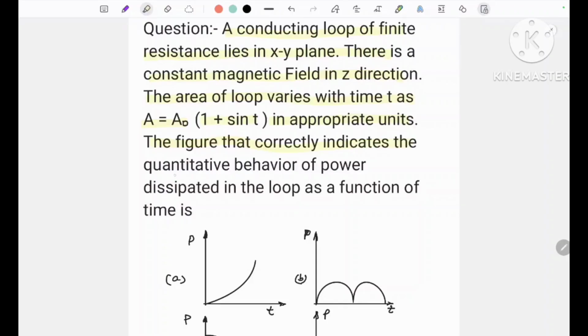The figure that correctly indicates quantitative behavior of the power dissipated in the loop as a function of time is.